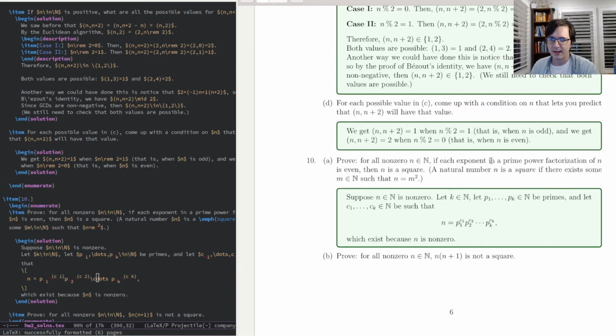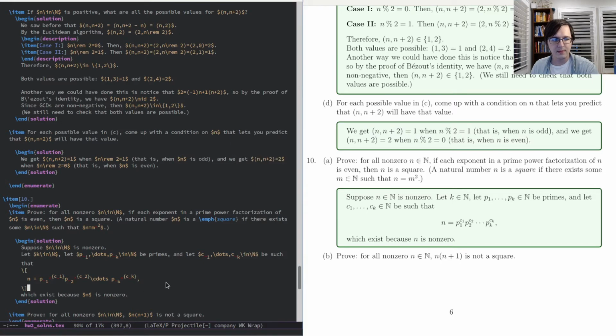Right, so now suppose for all i in the range 1 through k that Ci is even, which is to say that 2 divides Ci.